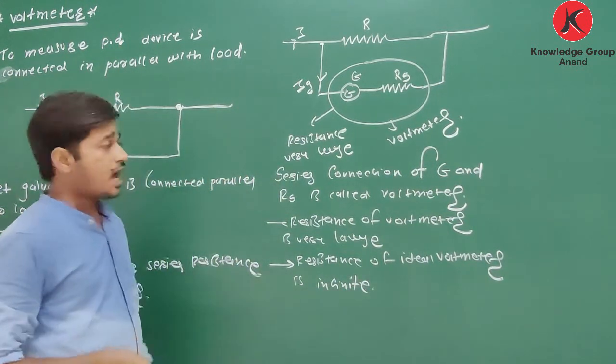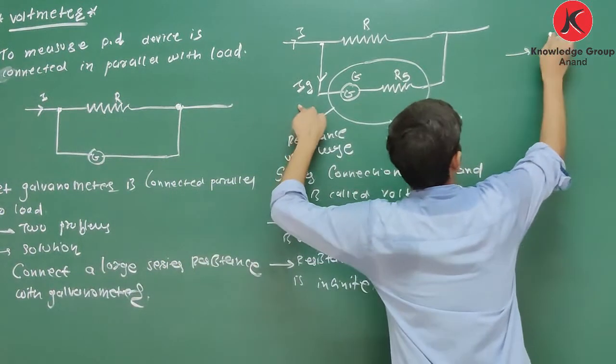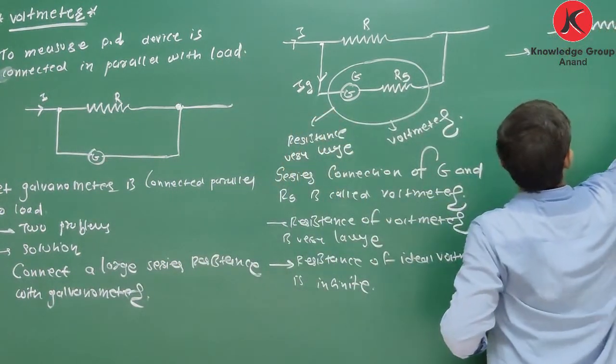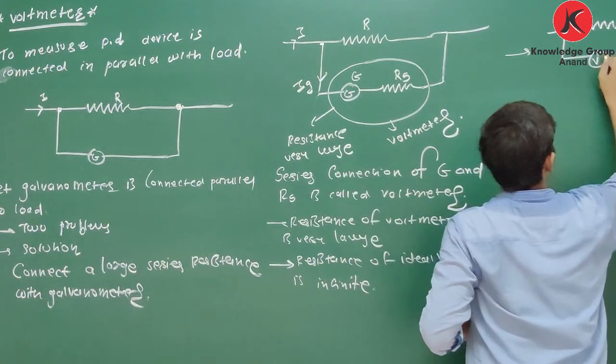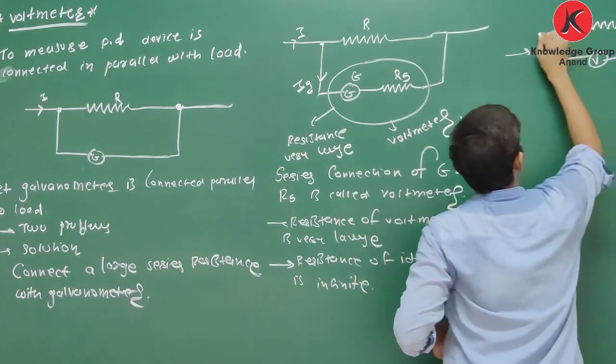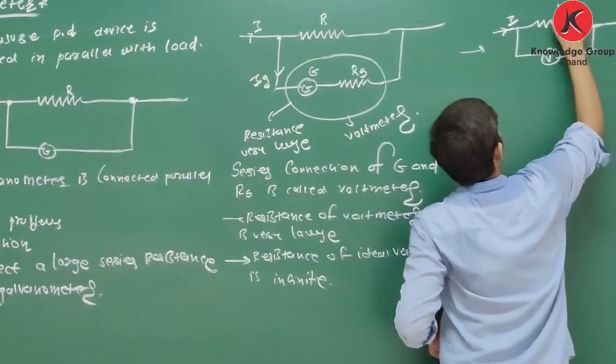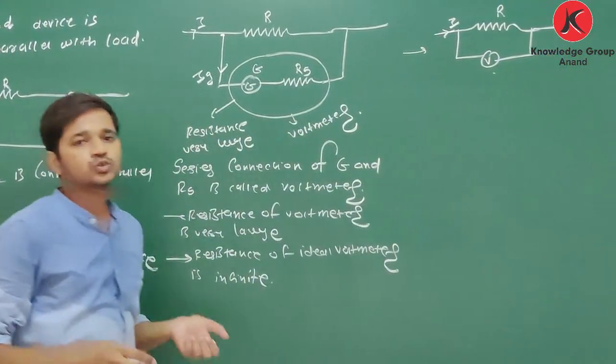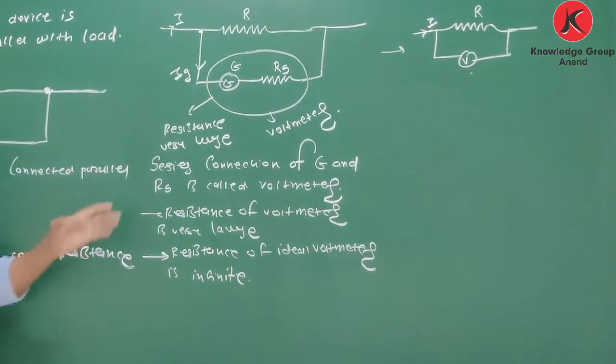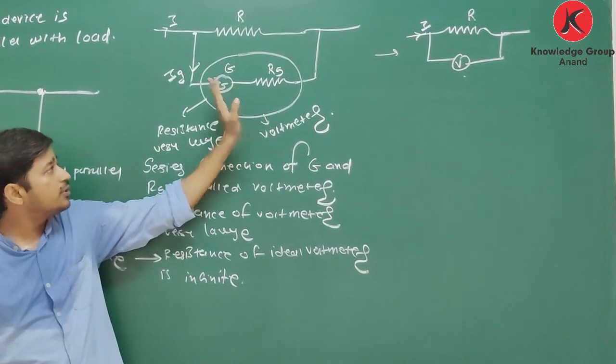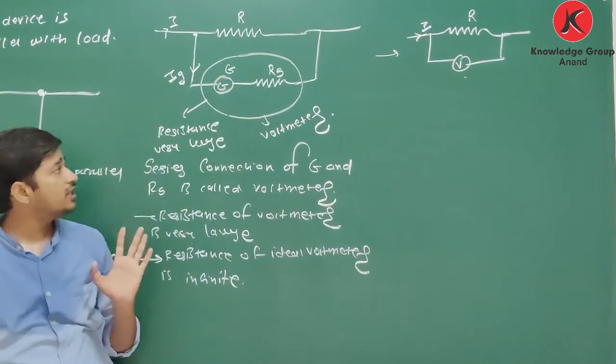Clear about this? How to draw this figure? Like this. It is resistance, and here it is the voltmeter. Current I, here it is R, and here it is the voltmeter. So yes, a voltmeter means series connection of galvanometer and resistance.